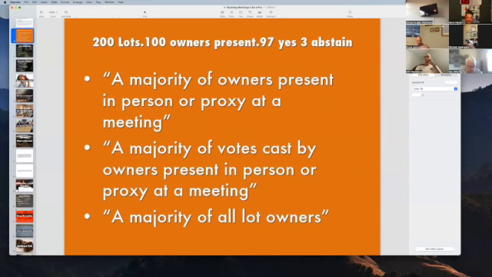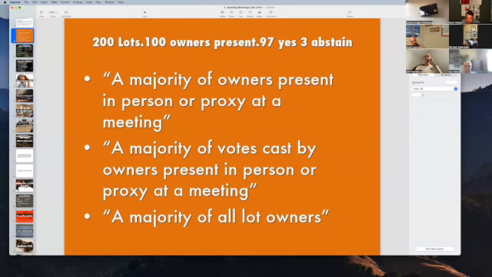Whatever the issue is that's to be voted on, 97 of the 100 vote yes, and 3 abstain. Now, these next 3 bullet points are language that you will see in your bylaws, and they mean very different things, even though they look very similar.